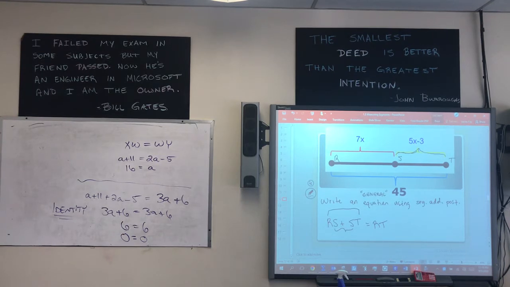There's absolutely nothing wrong with doing it this way, but I want you to avoid it, where I say SR plus TS is equal to TR, okay? Because when I look in the middle, that same letter is not showing up in the middle.